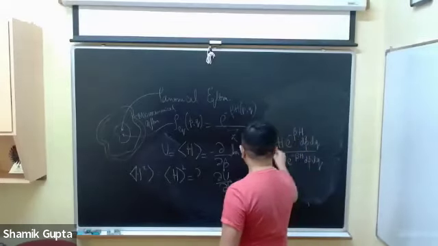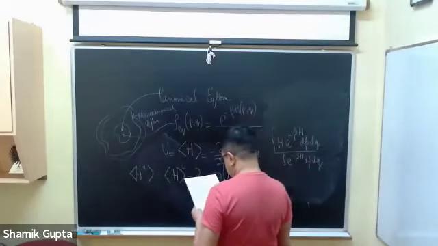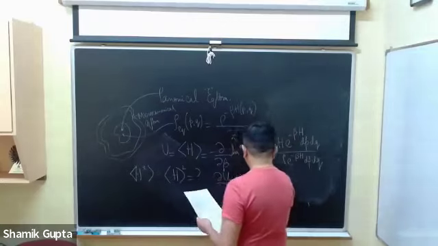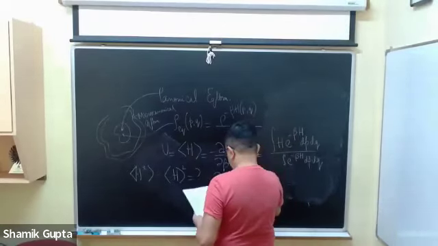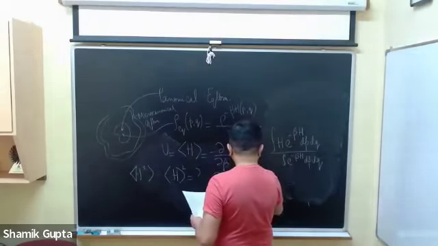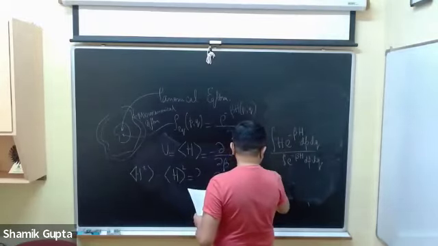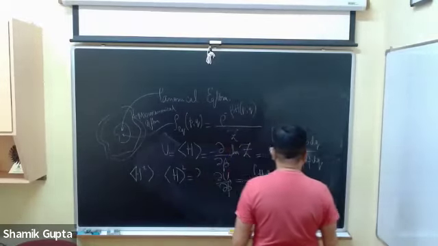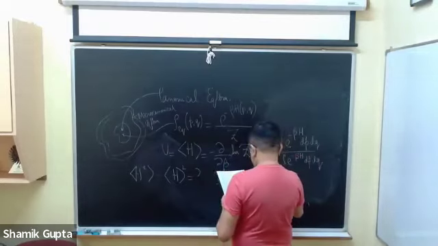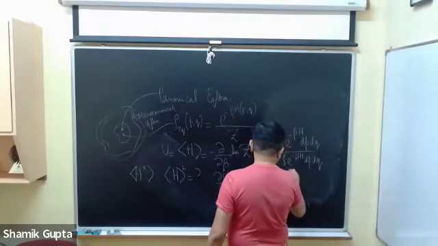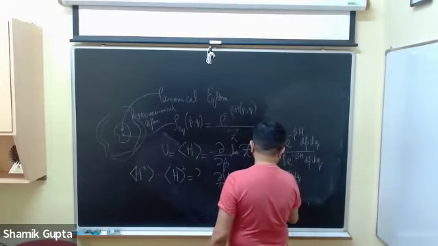You take the derivative of this guy with respect to beta, you get two terms. The first term is minus the integral dp dq H square e to the minus beta H, divided by this factor.